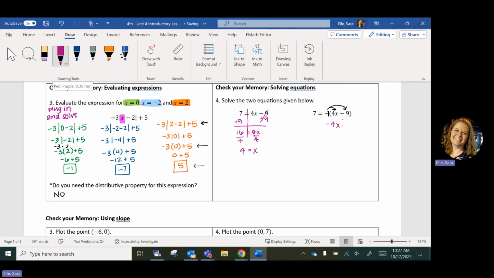And then that'll be plus 9 because a negative times a negative becomes a positive. So now what am I going to do? This time I'm subtracting 9 with the opposite operation. And what I do to one side, I'm doing to the other. So I end up with -2 equals -4x. And then when I go to divide, I have to divide by -4.